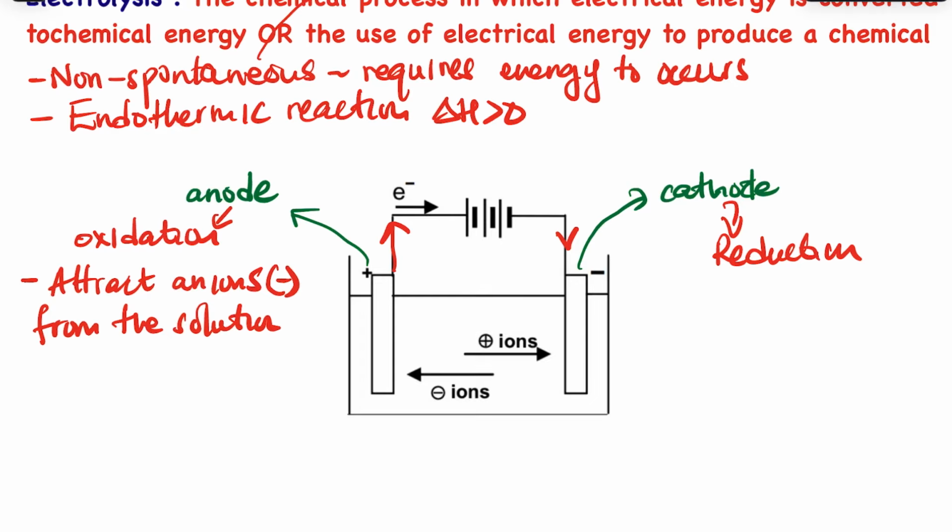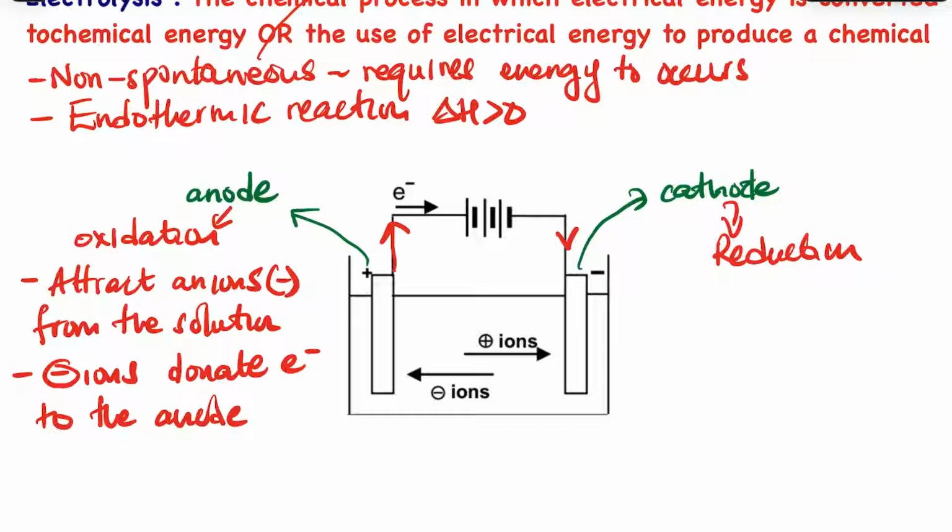If you look at this, this is an anode, and the anode is positive, so it's going to attract the anions there, right? The negative ions donate electrons to the anode. There is a donation of electrons, and those electrons donated by the negative ions are the ones that are released there, right?